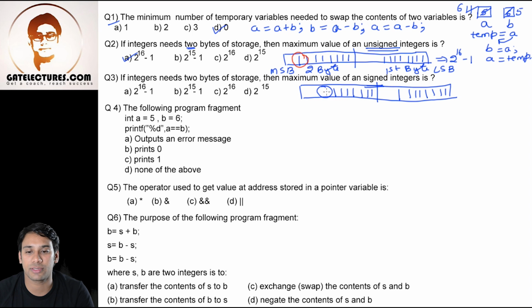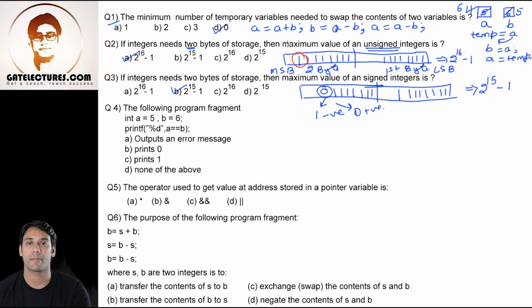This last bit will be 0 for the maximum value, because we show a negative number with 1 and a positive number with 0. So 0 means positive. Therefore the maximum value it will take is 2 raised to power 15 minus 1. Therefore the correct answer is B.